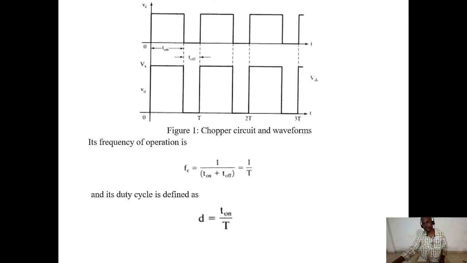The duty cycle is the ratio of on period to total time period T. So d equals T on by T, represented by small d.